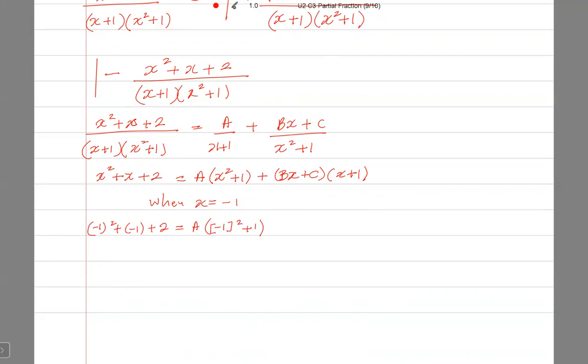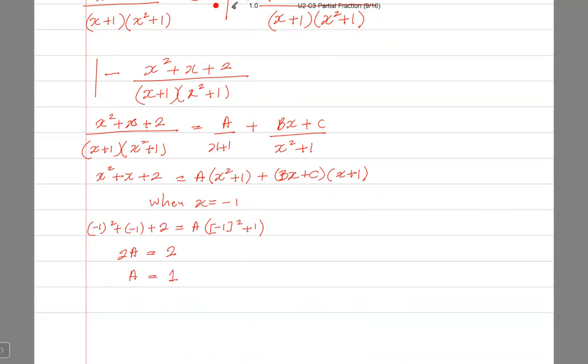All right. This becomes 2a. 2a is equal to, we have 1 minus 1 plus 2, 2. Divide both sides by 2, we get a is equal to 1.